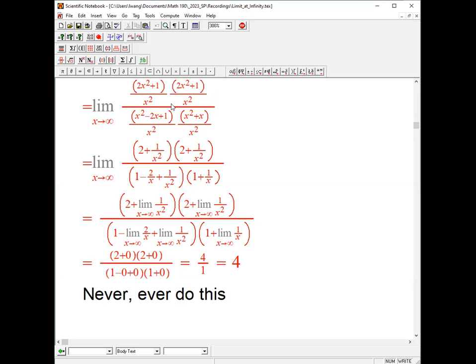You work something out, and you reach something, and you say, oh, this is infinity over infinity, and therefore it equals something. Never write anything like that. Once you tell the reader that infinity over infinity equals something, you are guaranteed to get 0. All right.